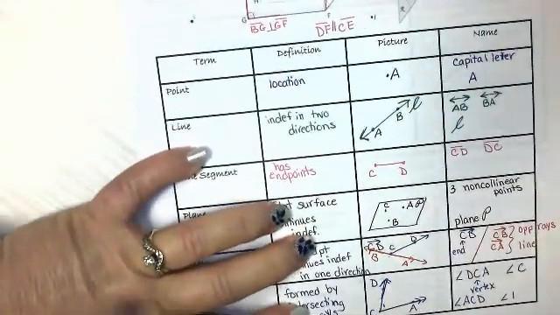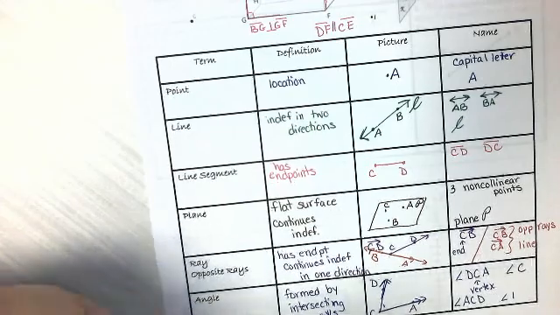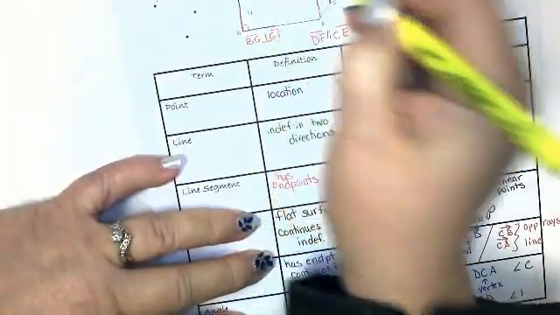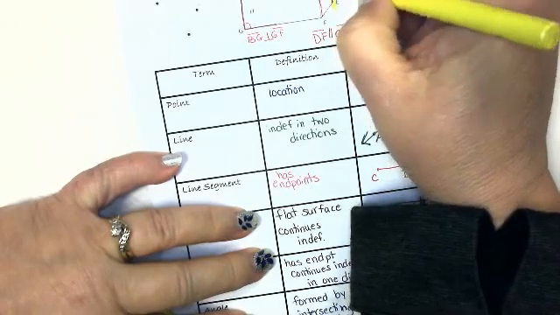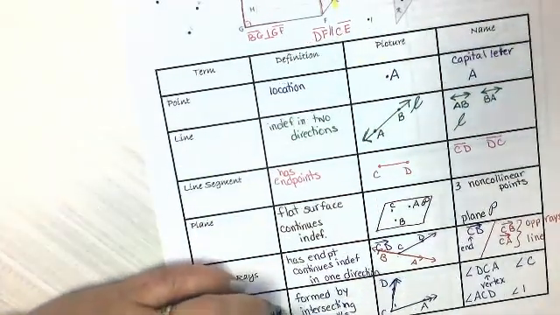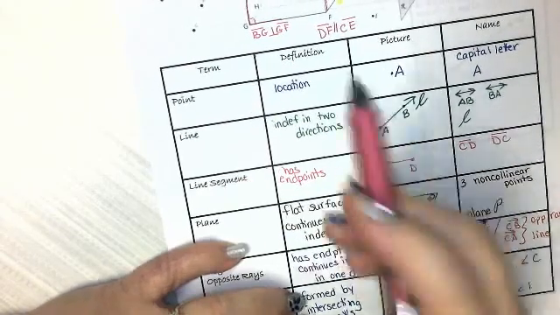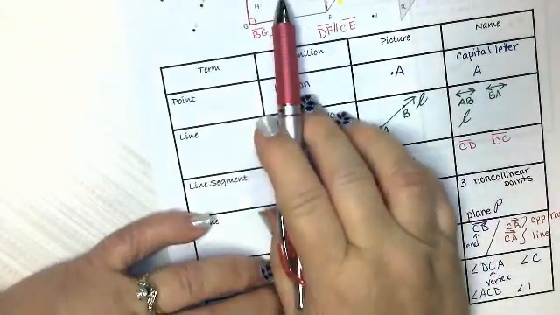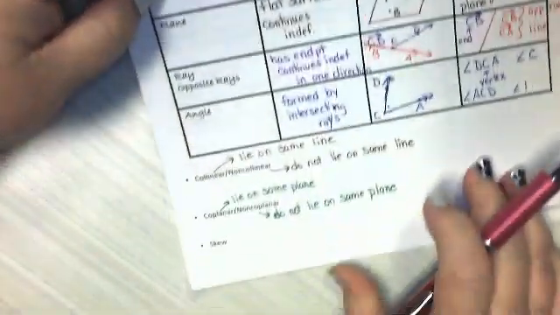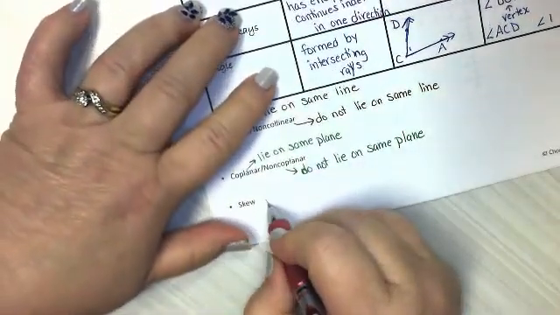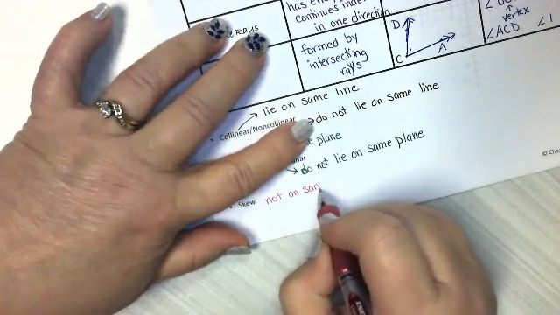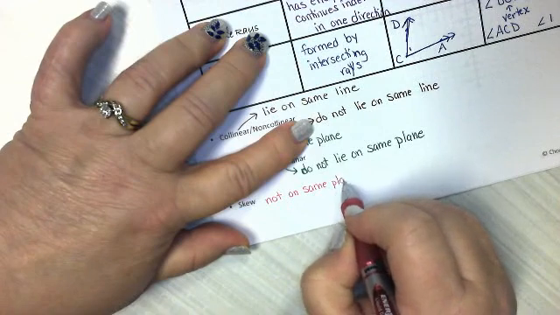But what if I now went and asked you about segment BD and segment CE? Well, they're not parallel, but I don't think they're ever going to intersect, so those are called skew. Skew lines are not on the same plane, and they're never going to intersect.